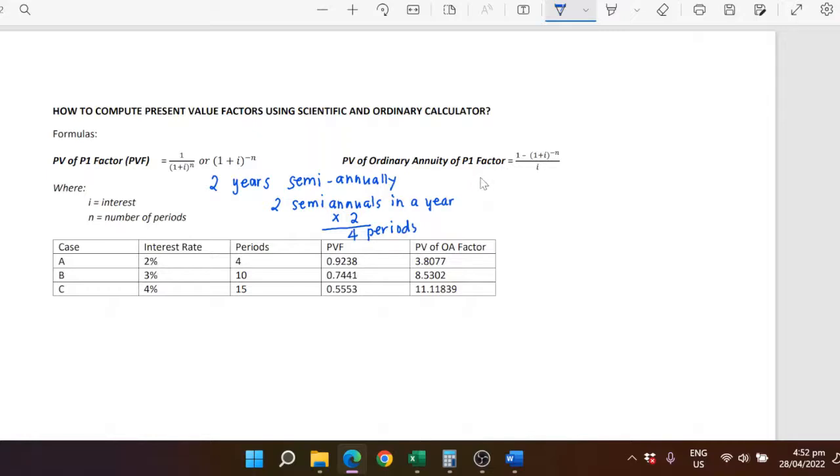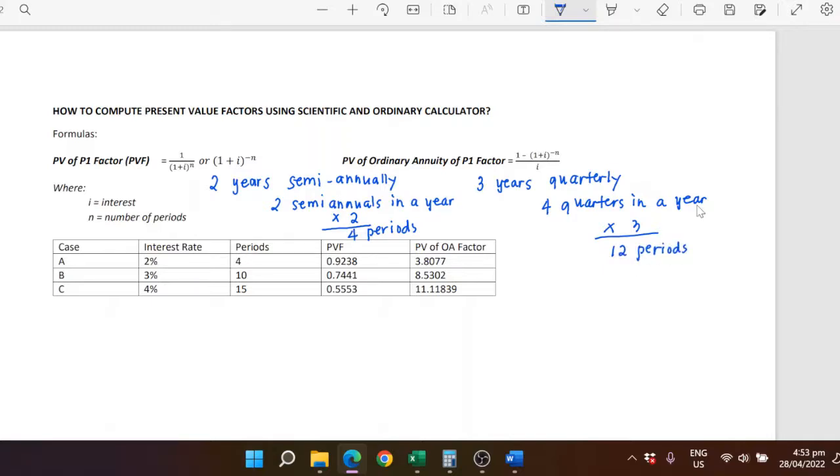How about if it is 3 years and the period is quarterly? So how many quarters are there in a year? There are 4 quarters per year. Then multiply by 3 years. So therefore, the total number of periods is 12 periods.